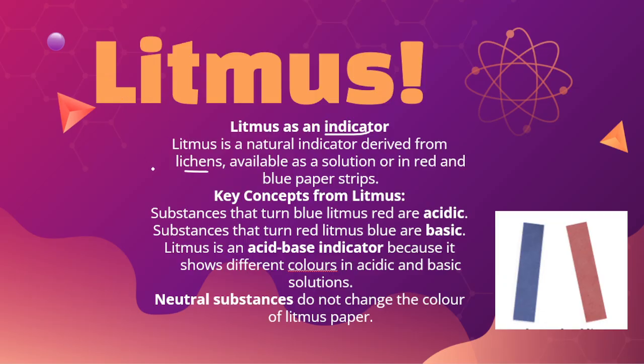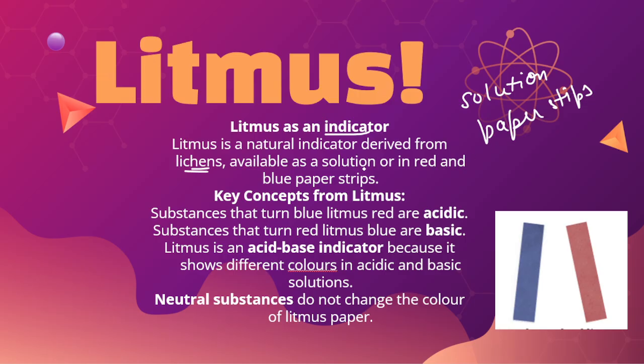Let's learn litmus now. Litmus is derived from lichens, and we all know what lichens is now. It is available in two forms: in solution form as well as blue and red paper strips. Perfect.